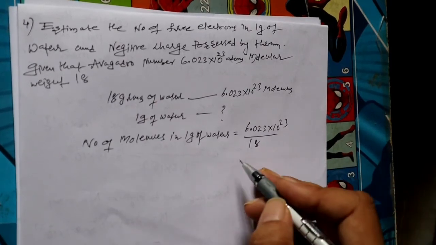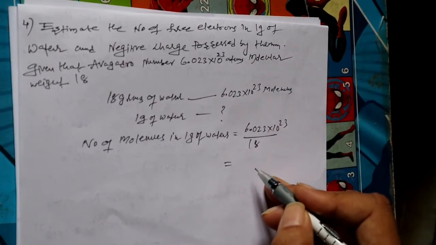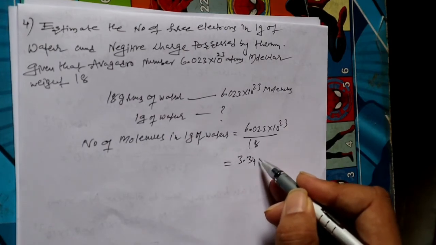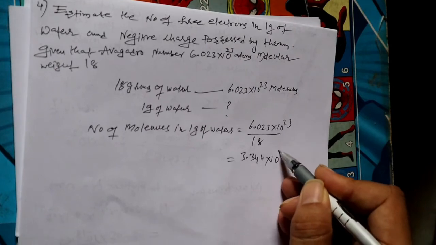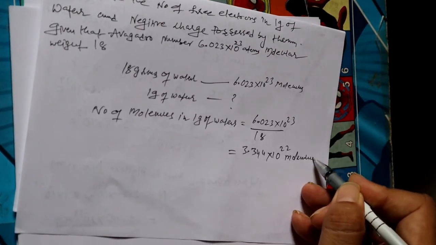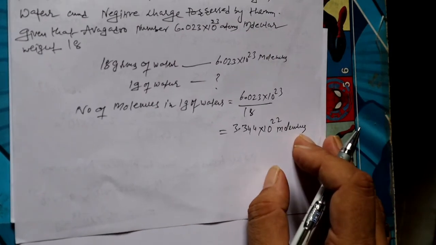So, we get finally how many molecules are there? 3.344 into 10 power 22 molecules.